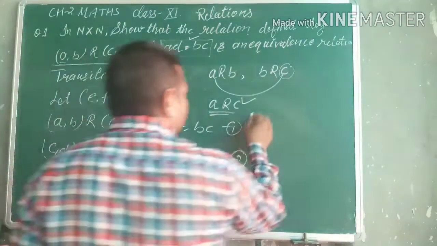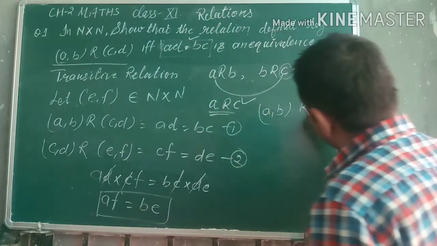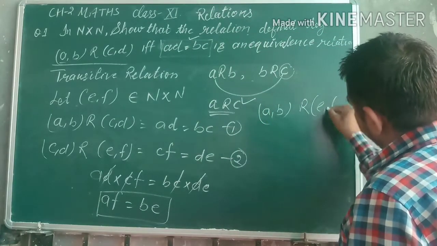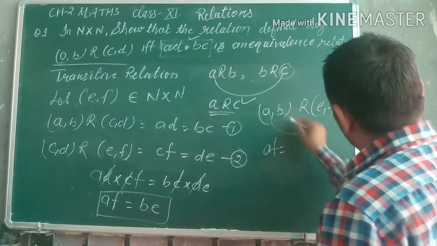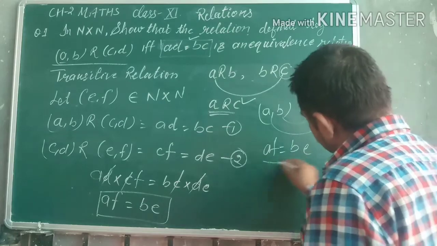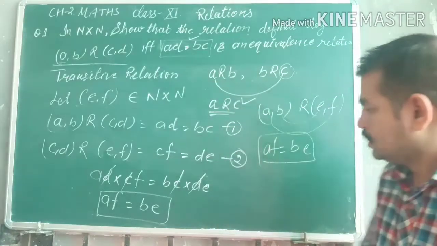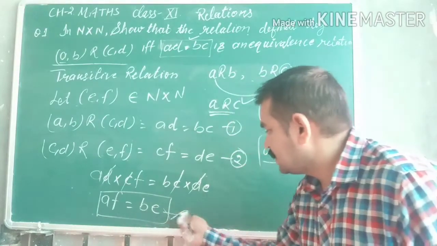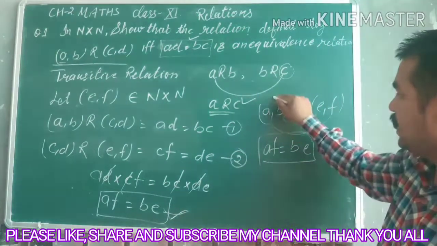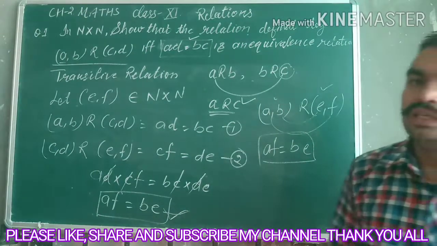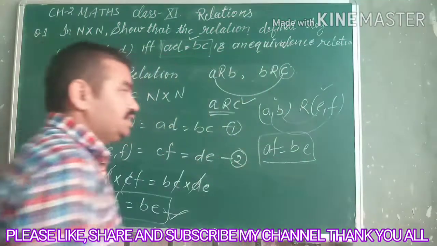So AF is equal to BE means, क्या कह सकते हैं हम? If (a, b) R (e, f), then the condition is that AF is equal to BE. Is this satisfied? Then we can say that it is a transitive relation. So we proved that AF is equal to BE, then (a, b) and (e, f) hold the transitive relation.